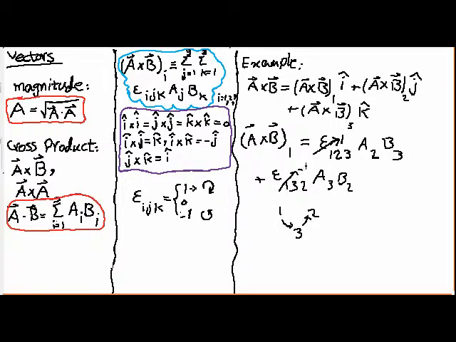This is -1. So therefore, all I am left with equals A2 B3 minus A3 B2, right?